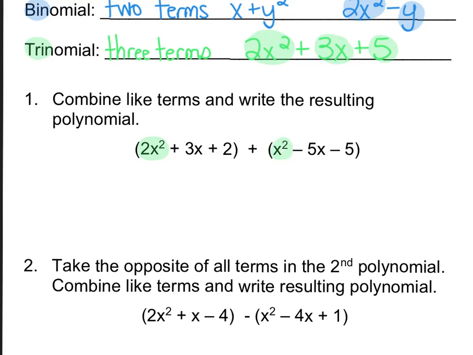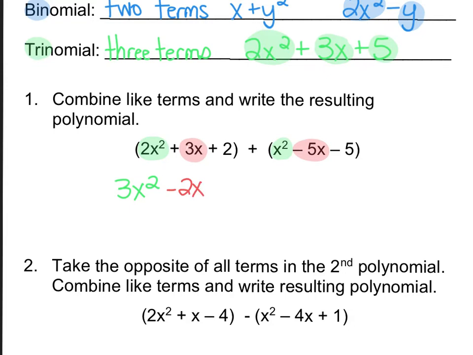So you can see I've got 2x squared plus 1x squared leaves me with 3x squared. I've got a positive 3x minus 5x, so you have to be careful with that sign. So positive 3x minus 5x is going to leave us with negative 2x.